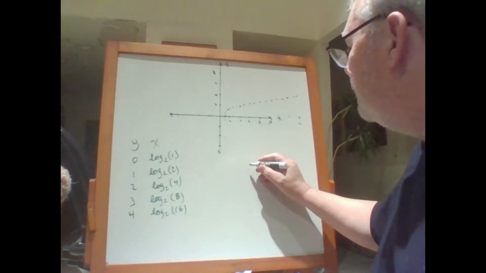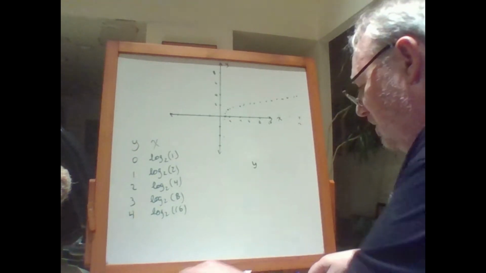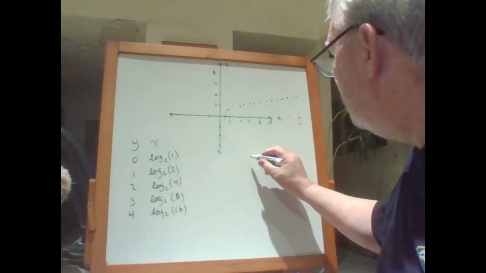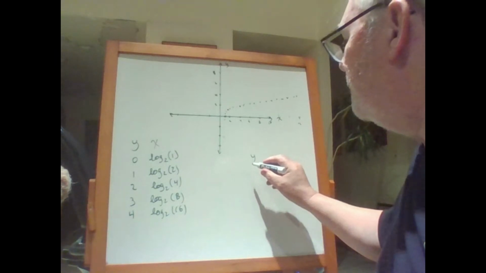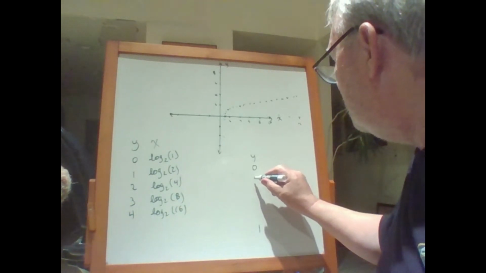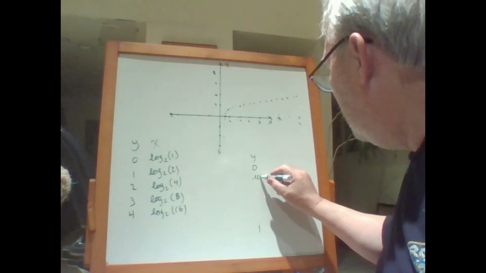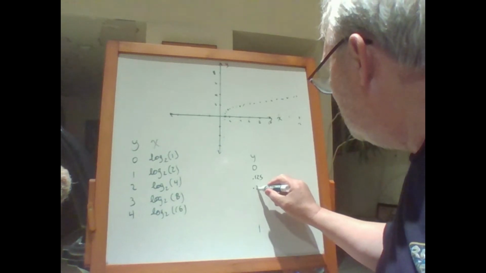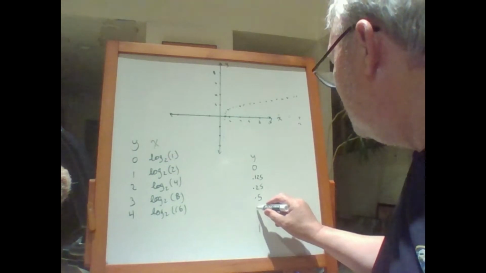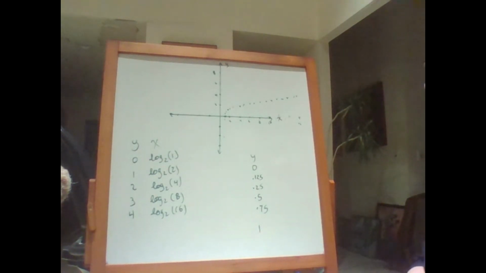And we have y. Oops, I used a different color pen. Okay, let's make our table so that we have values between 0 and 1. So let's have our fractions be 0.125, 0.25, 0.5, I don't know, 0.75, and let's see where it takes us.